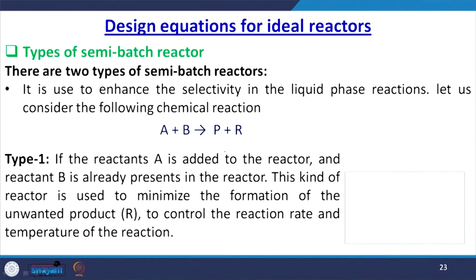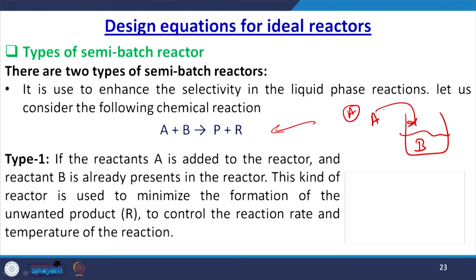So let us consider this particular general chemical equation which we discussed previously: A plus B is equal to P plus R. So the type 1: reactant A is added to the reactor and B is already present in the reactor. To give a figurative approach, B is present and you are adding A into it.